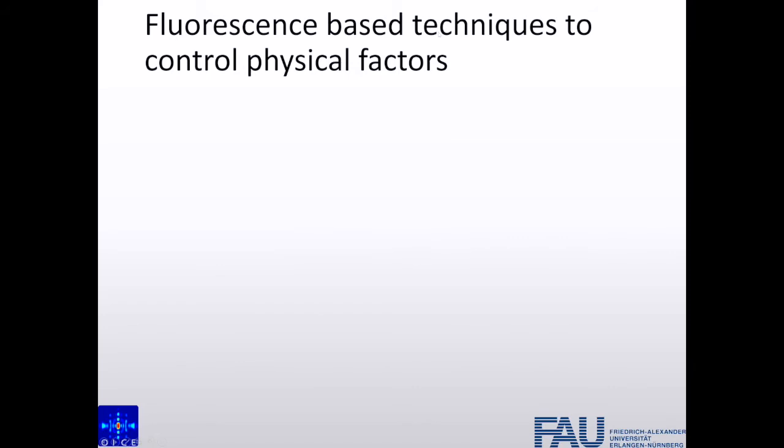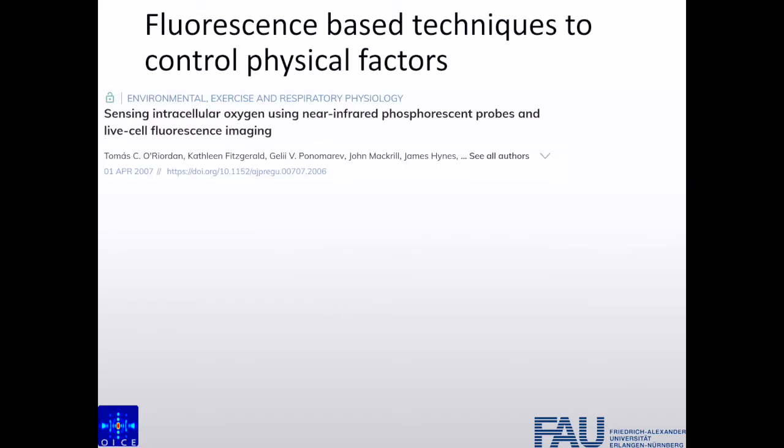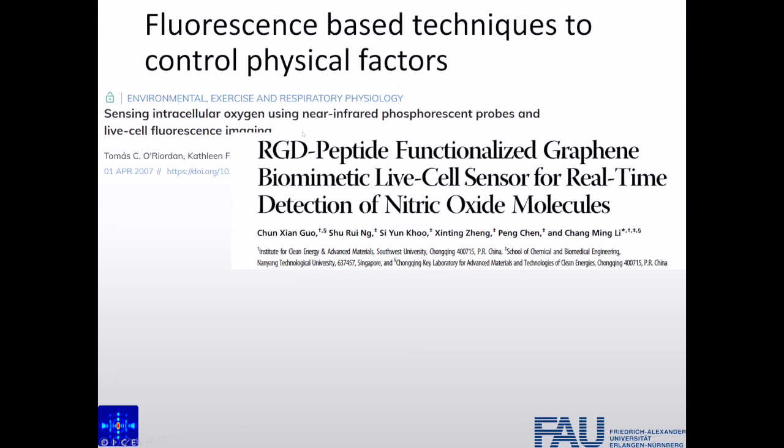I show you now some techniques how you can control these physical factors and how you can also monitor that. I just collected some papers. So for the oxygenation, there are fluorescent probes where you can directly measure in the sample. By fluorescence, you can measure the oxygen concentration in the liquid. There is the same thing for nitric oxide. You can also measure that by fluorescence.